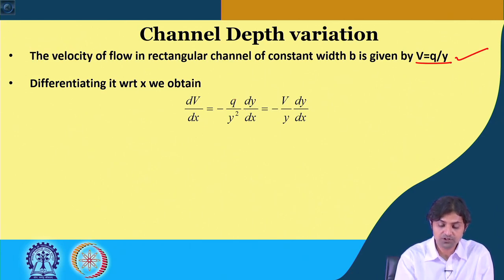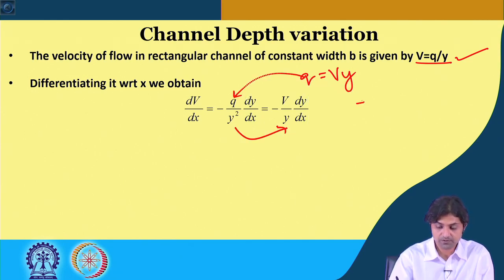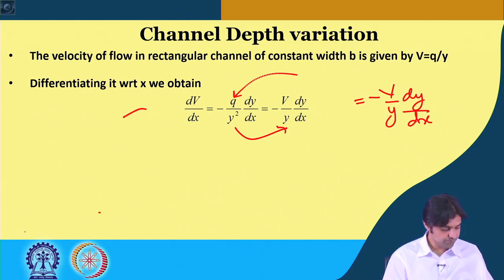If you put back q equals v y, it becomes minus v by y dy by dx.